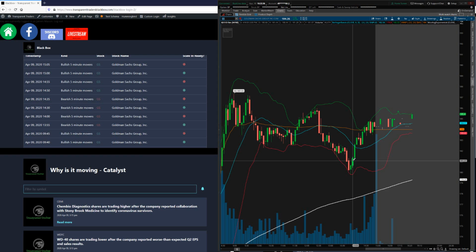This thing isn't going to be 100%. In my experience, for me, which I also am the creator of it, I'm averaging around 92%. But we can see how this bearish 5-minute mover wasn't a great alert at 13:55. But let's just say that I started shorting that thing right there.